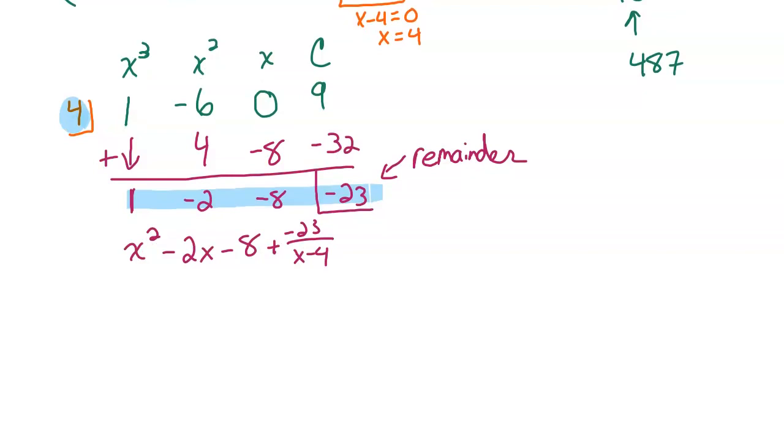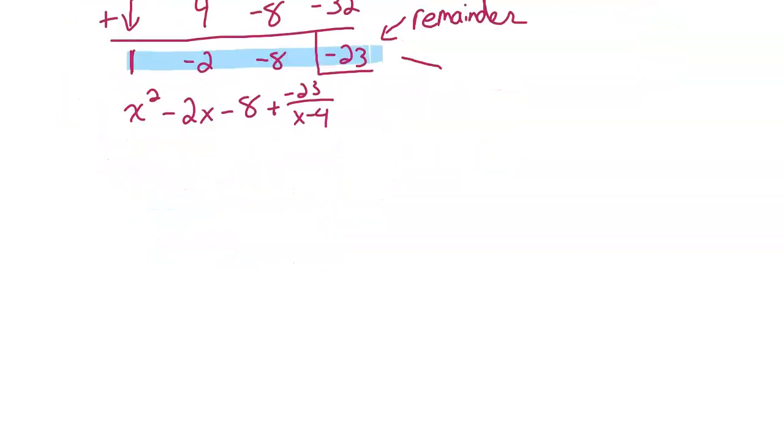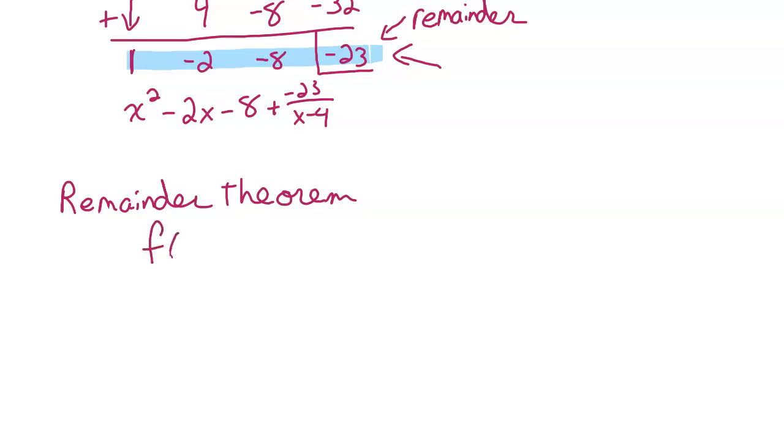When we look at this remainder right here, there's a thing called the remainder theorem. And what the remainder theorem tells us is that if I want to know f of 3, I can use synthetic division, and whatever my remainder is, that is what f of 3 is going to equal.